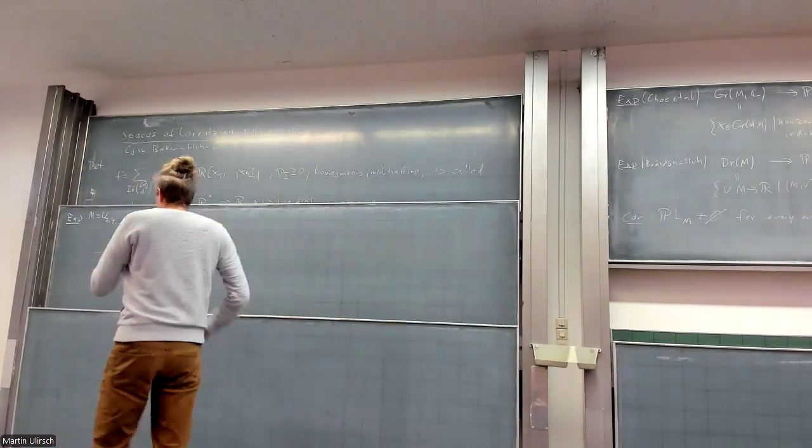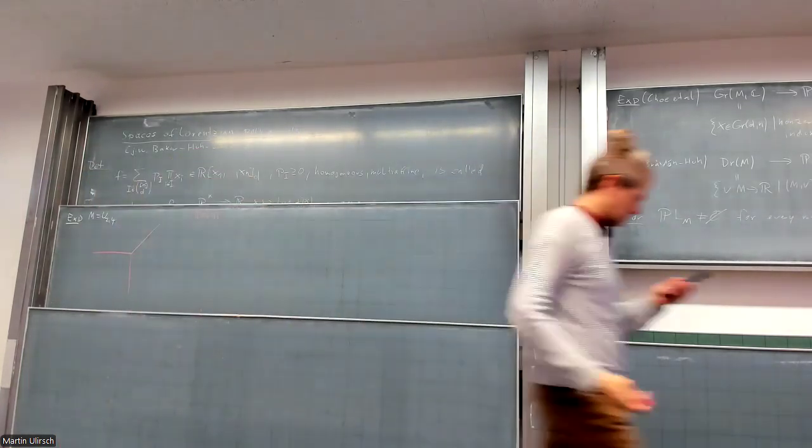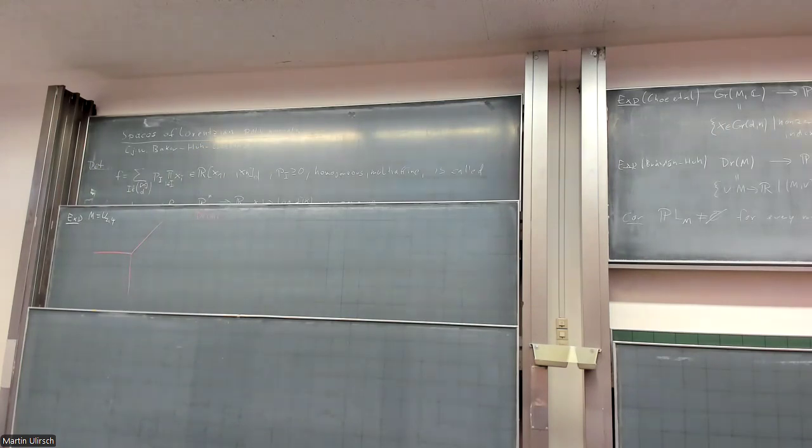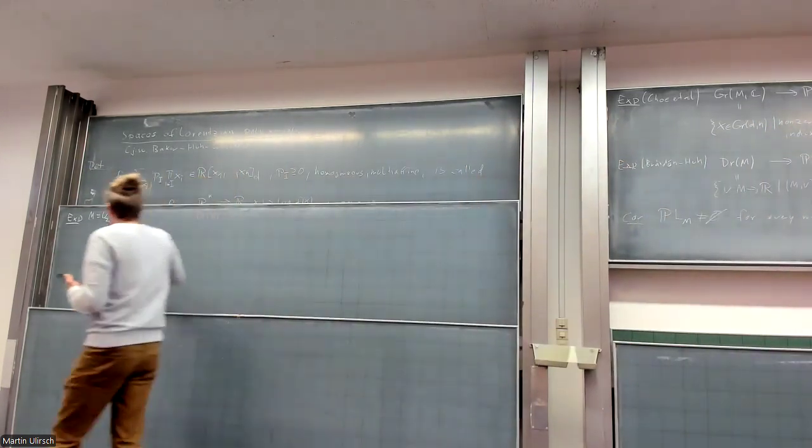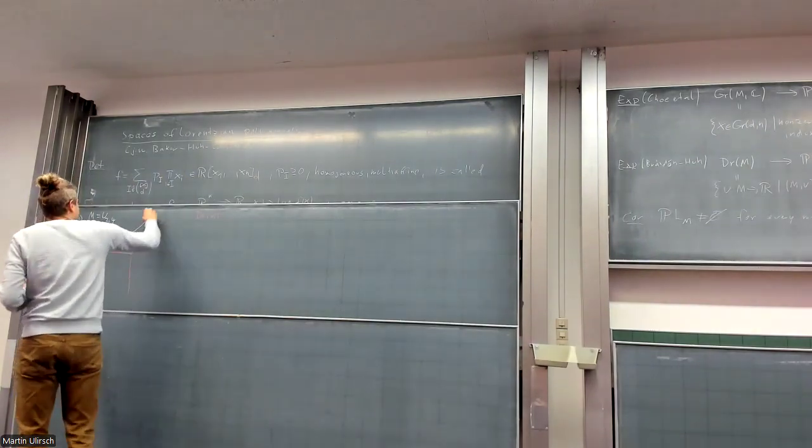So then we have the Dressian, and we can look at the image of this map, so of the complex Grassmannian, but we can also look at the image of the real Grassmannian.